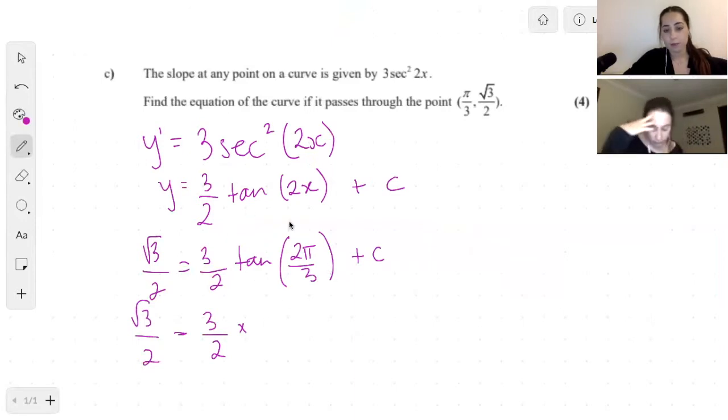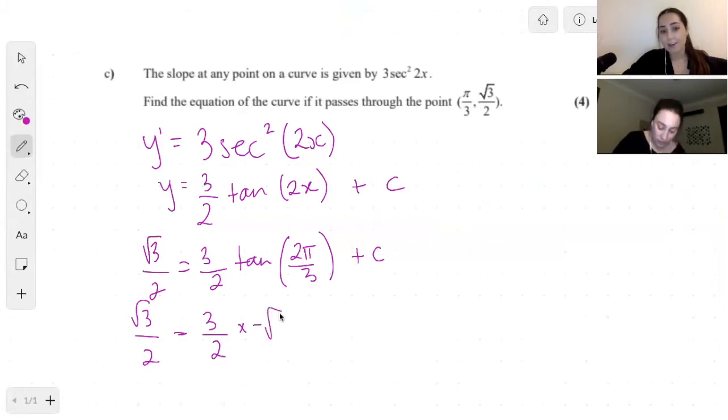So what's 2 pi on 3? Tan pi on 3 is root 3, right? Yes. But it's 2 pi on 3, so it's in the second quadrant. So it's a negative.